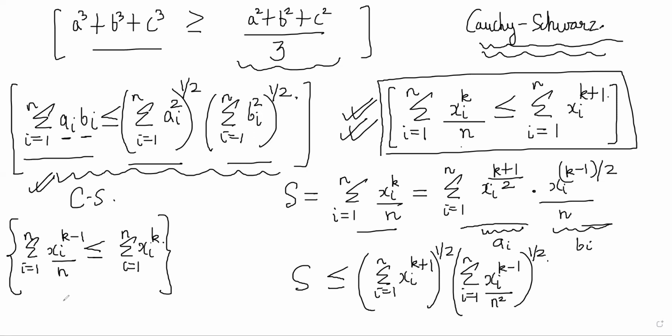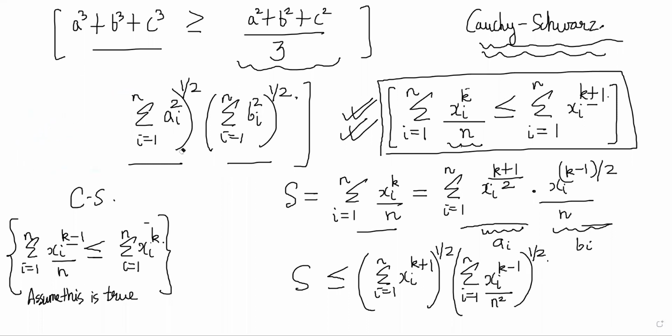I am assuming that this is true. This is the statement one step below this: instead of k here, the power is k minus 1, and instead of k plus 1 here, the power is k. I'm going to assume this is true, and using this I'm going to prove the final step. So I'll make some space here.